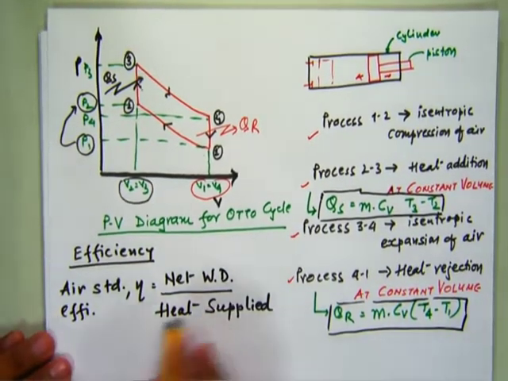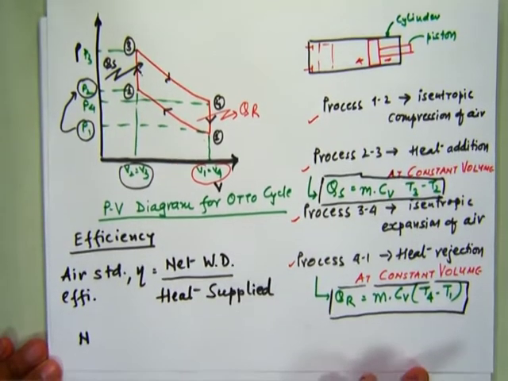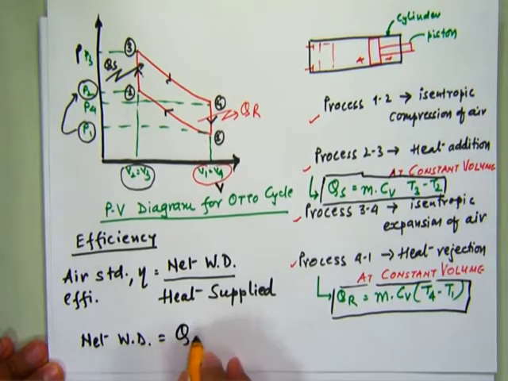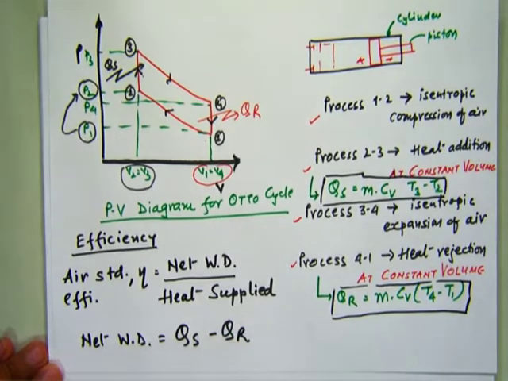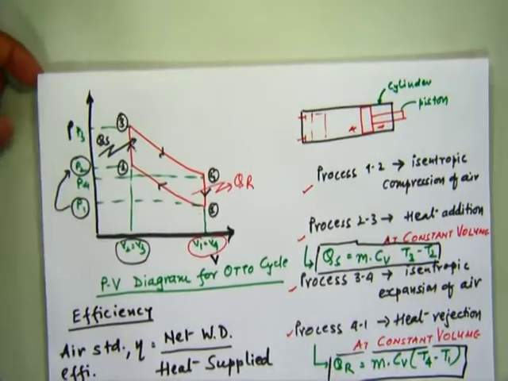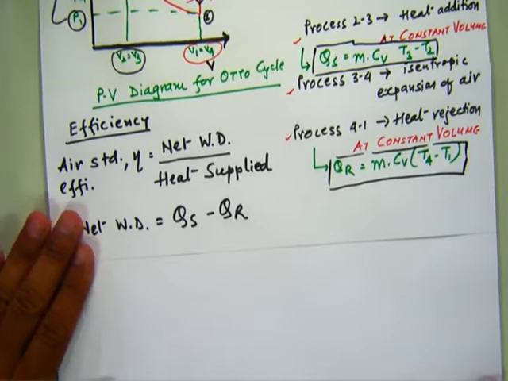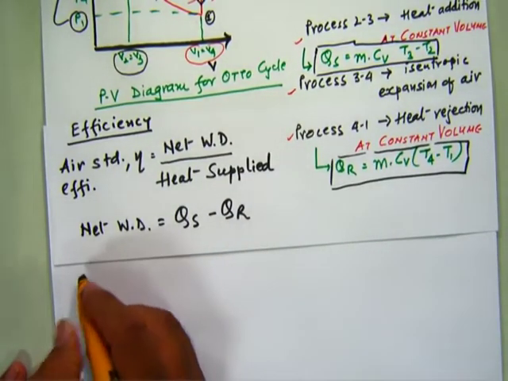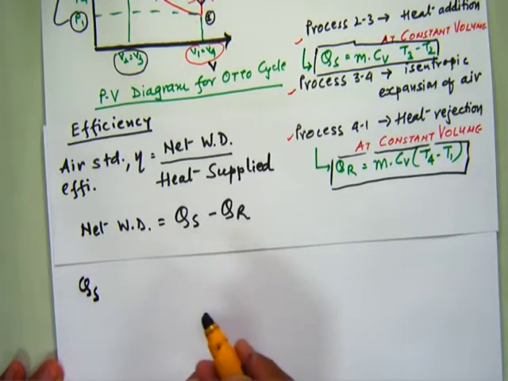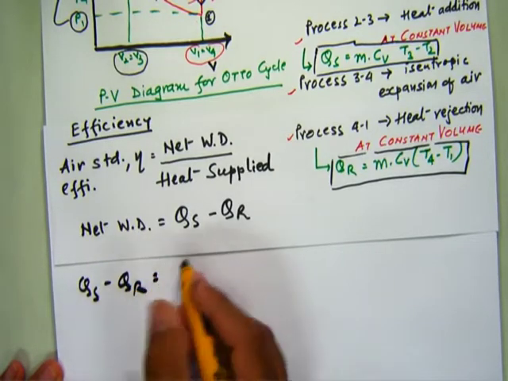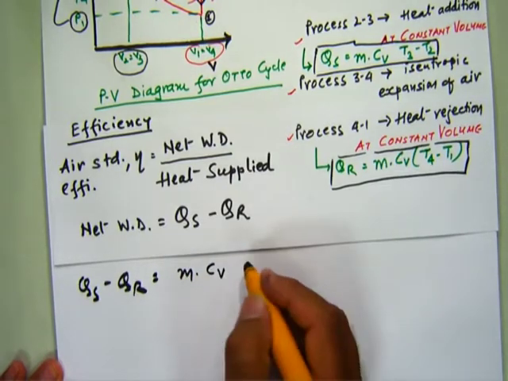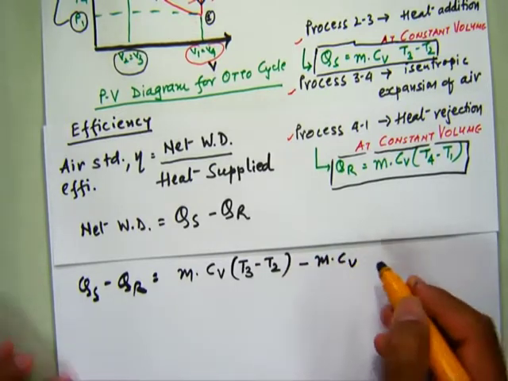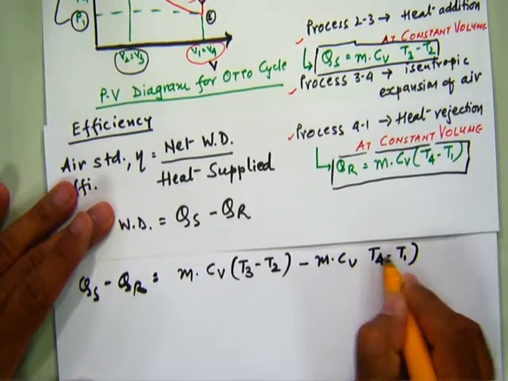What is net work done? Net work done is equal to heat supplied minus heat rejected, which is equal to M CV T3 minus T2 minus M CV T4 minus T1.